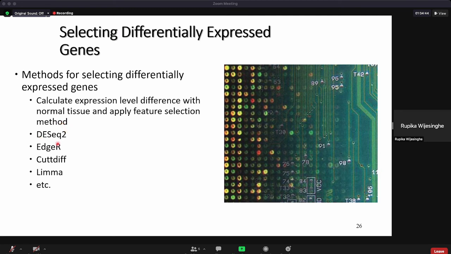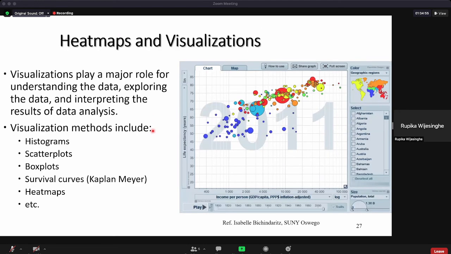These are some R packages, right? You can use these R packages also to select differentially expressed genes. Then next, the visualization. We know that heat maps are used in visualizing gene expression. These are some of the other visualization methods.